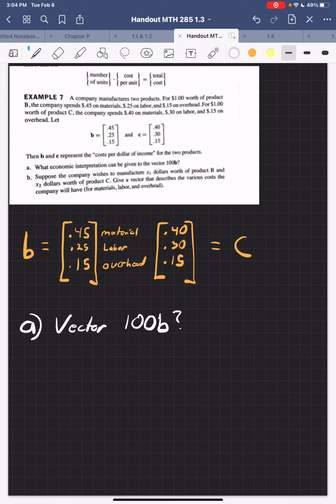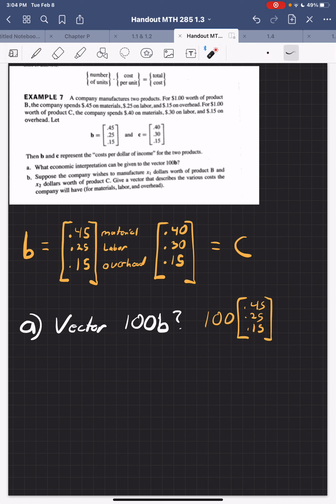Well, I think you can imagine that thinking about inserting vector B here, it's going to give you the cost of producing $100 worth of product B. So let's write 100B is 100 multiplied by 0.45, 0.25, 0.15.